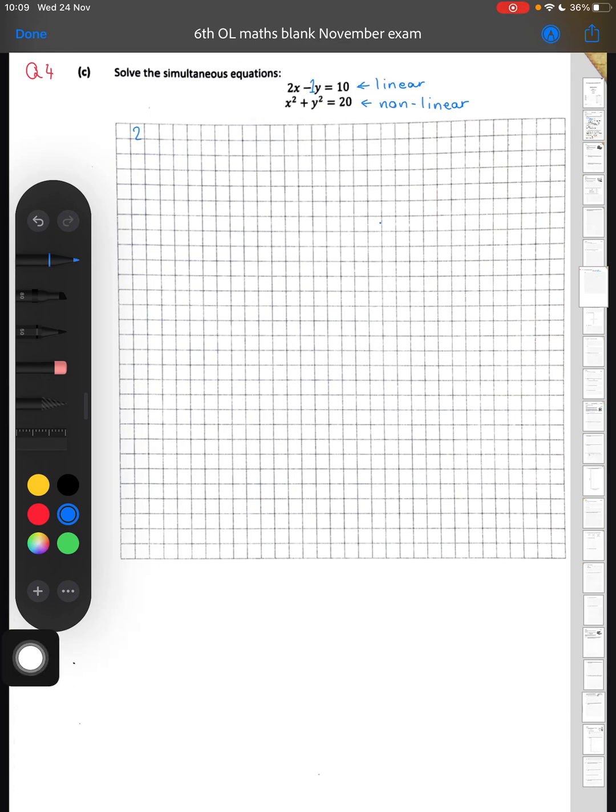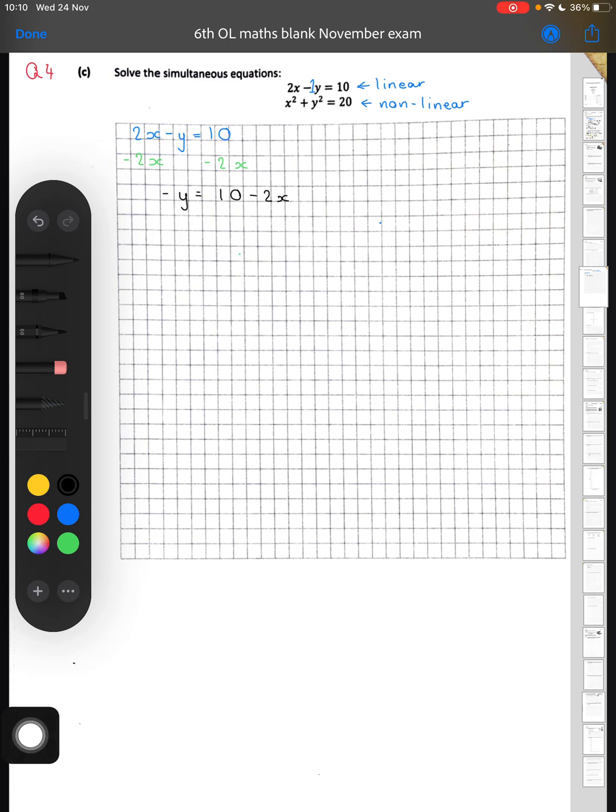My linear equation was 2x minus y is equal to 10. So I'm going to move the x's over the other side. I have to minus 2x from this side, so I have to minus 2x from the other side. Then I'm left with minus y is 10 minus 2x.